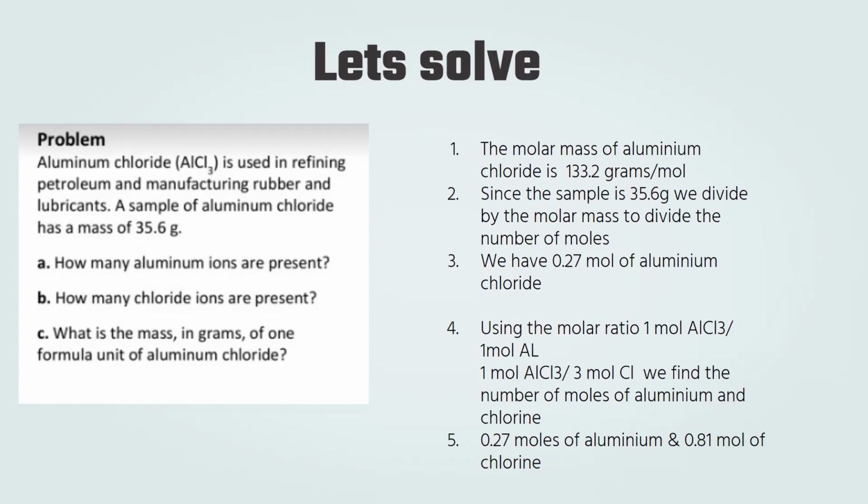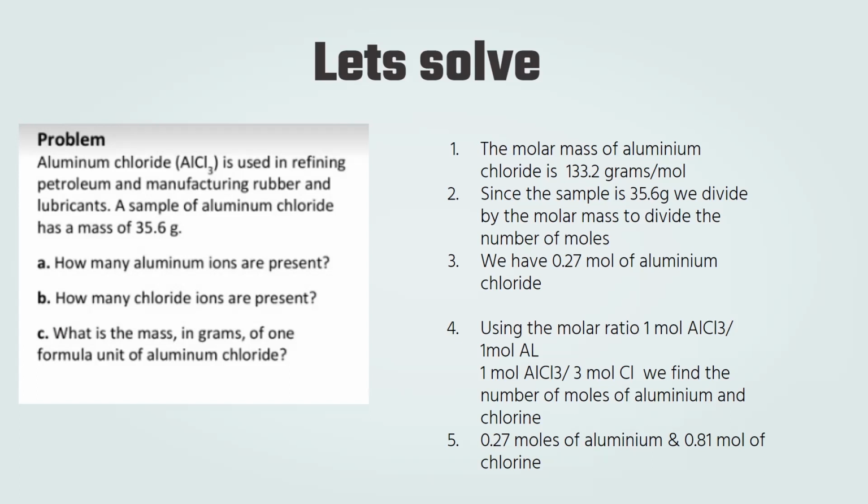Now, since we know that in a formula unit, in 1 mole of the substance aluminum chloride, there is 1 mole of aluminum and 3 moles of chlorine, and we have 0.27 moles of the substance, we can find the amount of moles of each specific substance inside aluminum chloride.